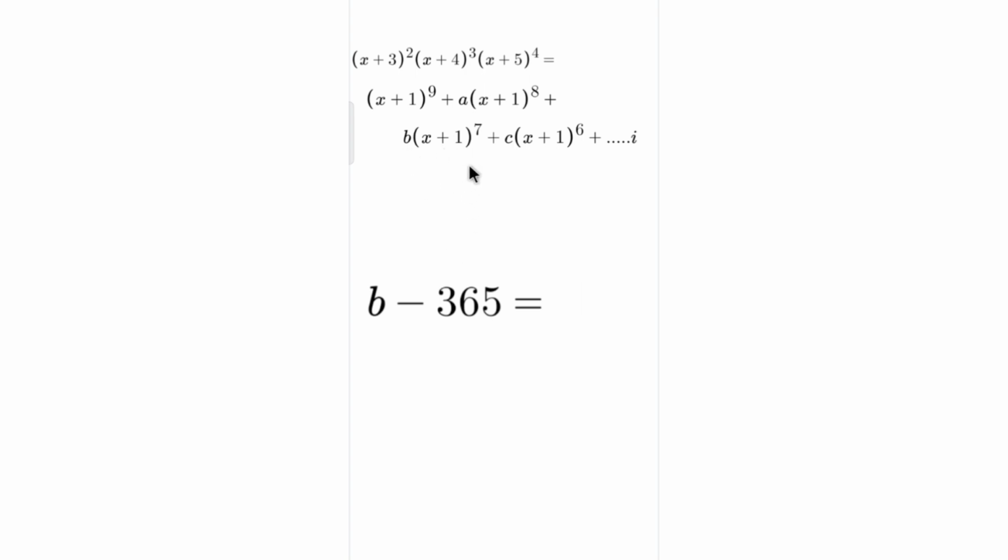So what's b? It's the coefficient of (x plus 1) whole power 7. So you need to find the value of b. How do we proceed? Let me write the equation first.